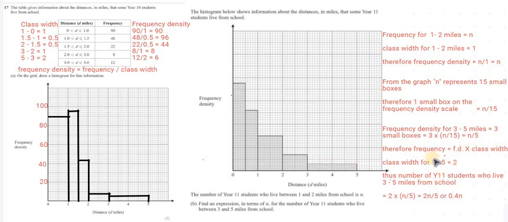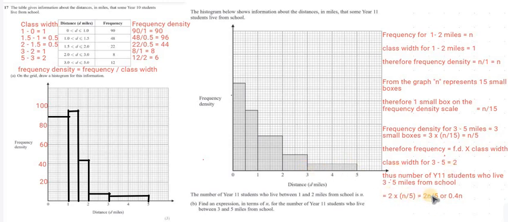So, to find the frequency, which is also the number of year 11 students who live between 3 to 5 miles from the school, it would be the class width 2 times the frequency density, which is n over 5 for 3 to 5 from the graph.